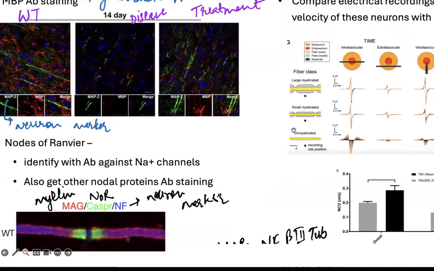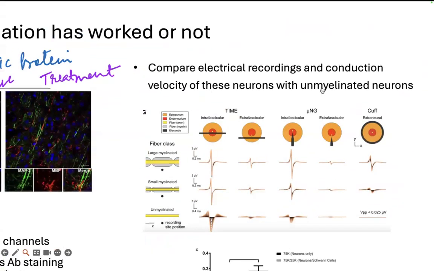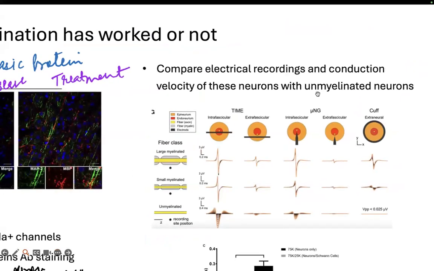All right. So you've checked that MBP is being released. You're checking that there are nodes of Ranvier across your neurons. And then the main reason to have your myelination is so that your cell, these synapse transmission electrical recordings, are better.